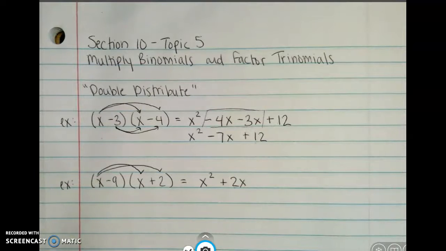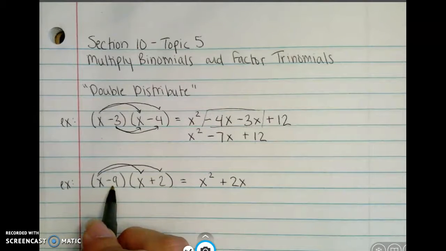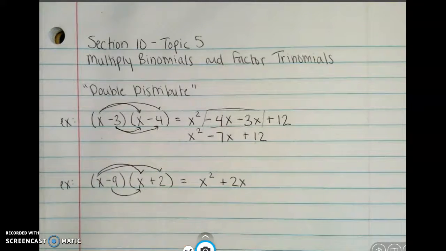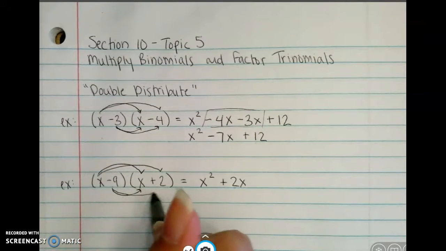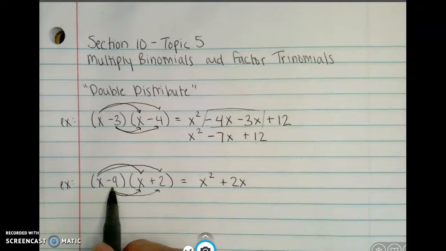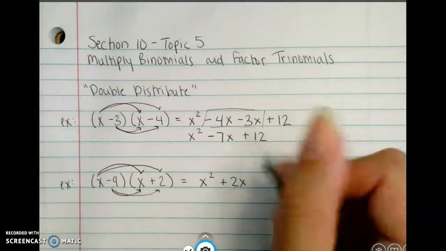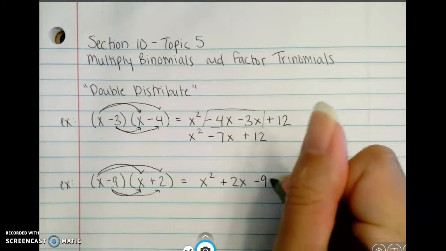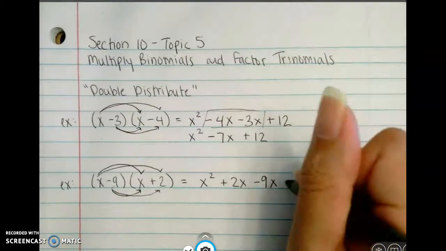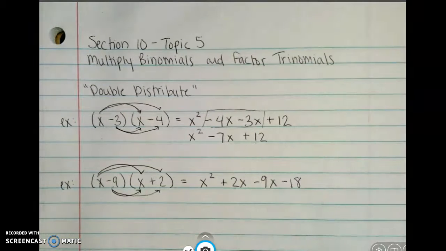Now we're going to double distribute because again this -9 hasn't been distributed or multiplied to anything. So -9, we're going to multiply it to x, and we're going to multiply -9 by 2. So first, -9 times x is -9x, and -9 times 2 is -18.